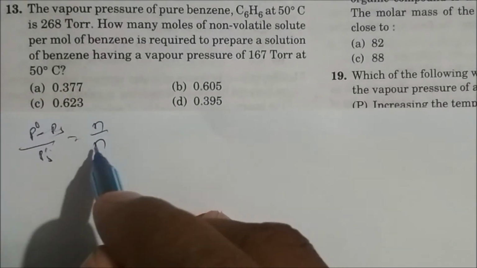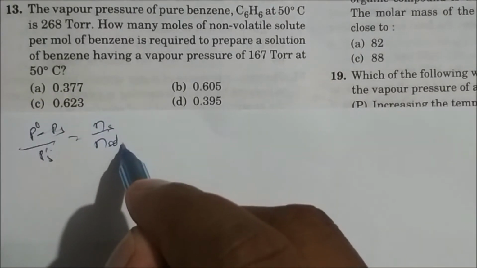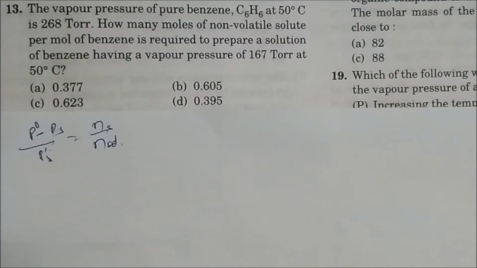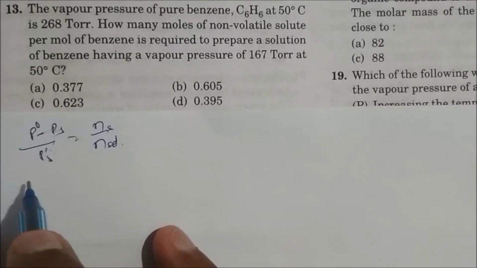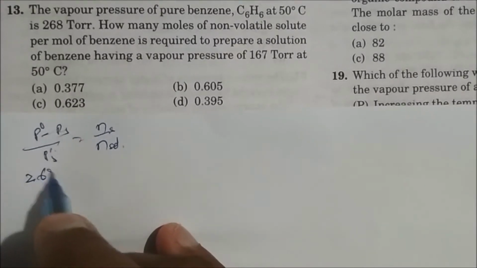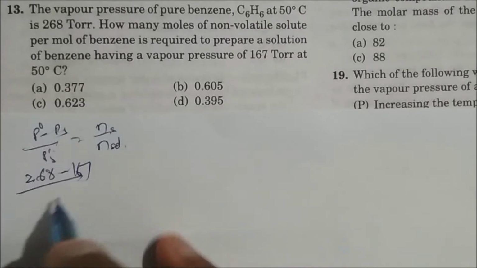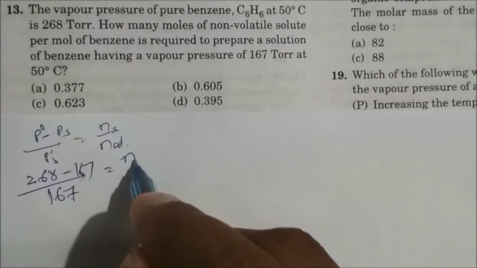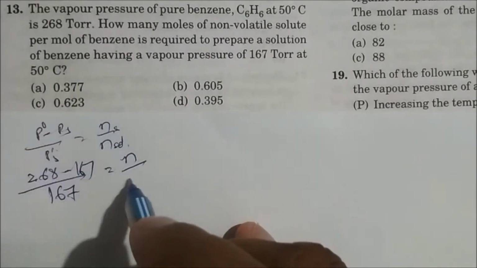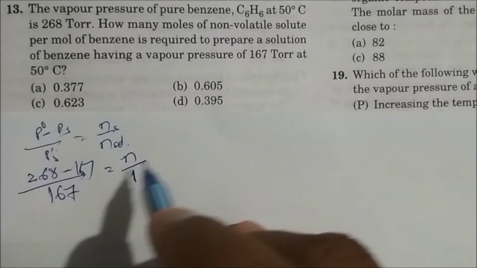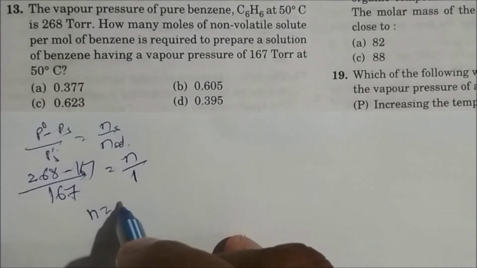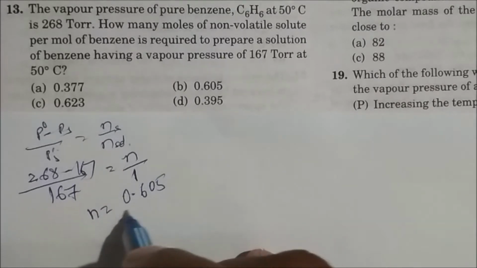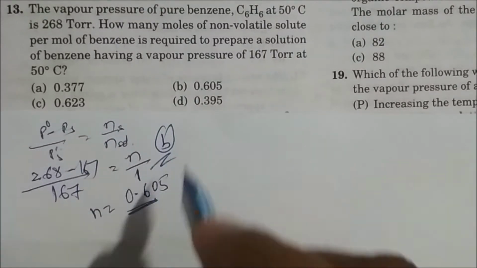If you solve it, n will be equal to 0.605. This means B is our answer.